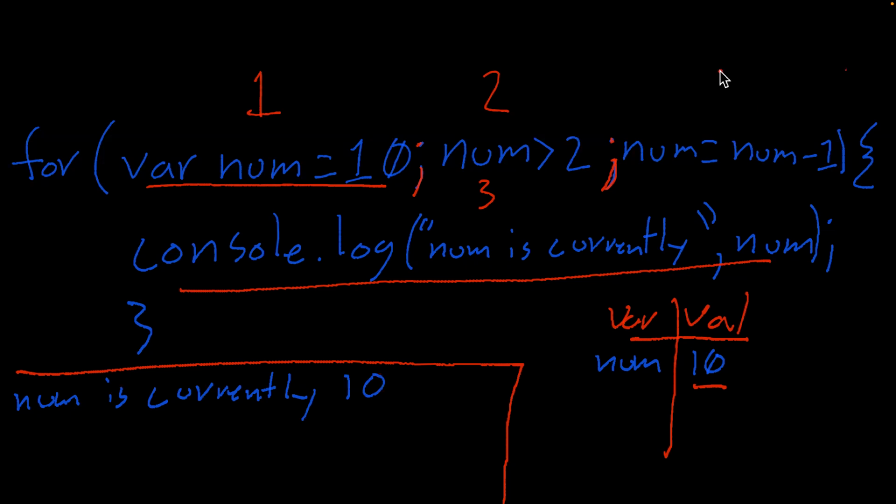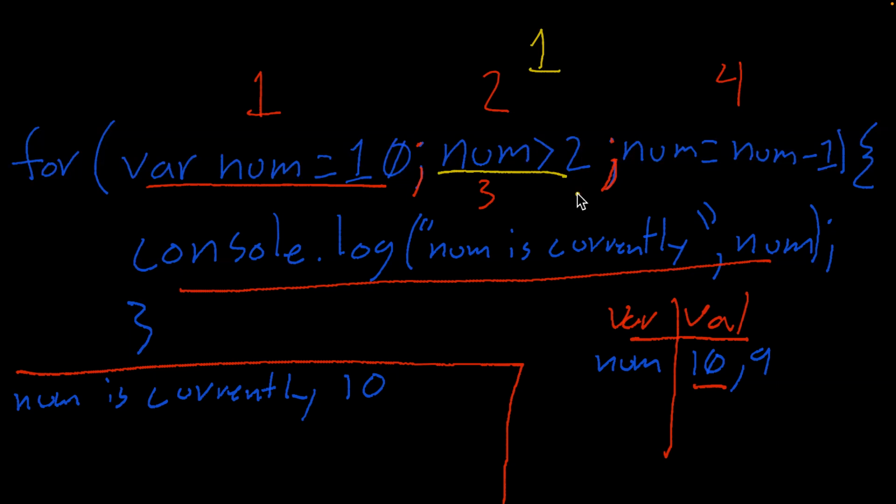Then we increase to step 4. And it says num equals itself minus 1. So what's num right now? It's 10. So 10 minus 1 is 9. So then we go to our new step 1. This area here. While num is greater than 2.